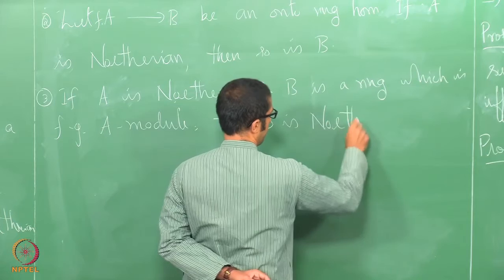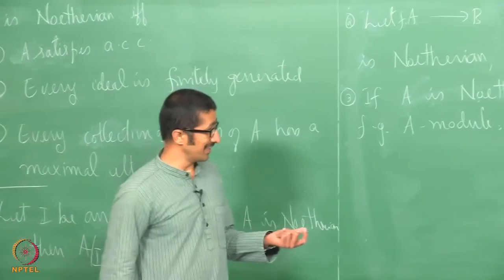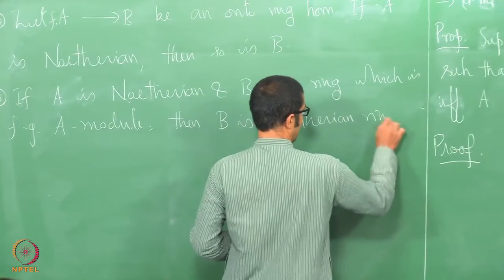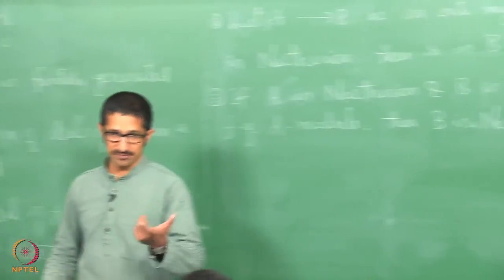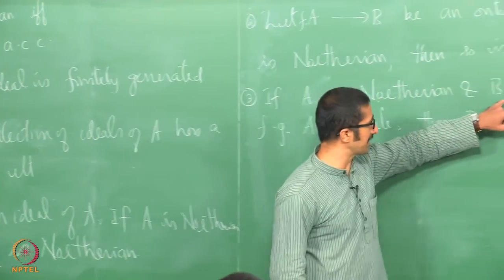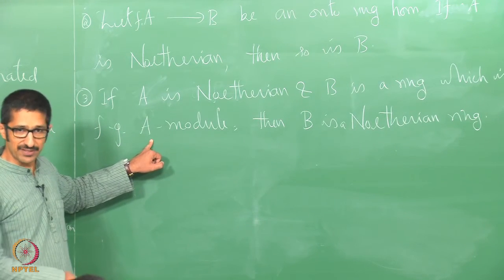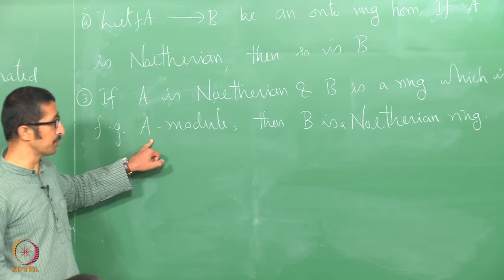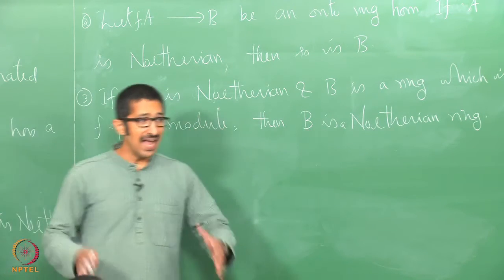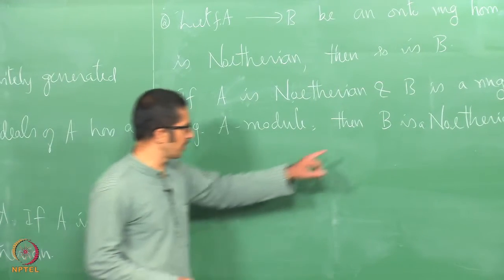How do you say this? So, here, this is a Noetherian ring. See, as a ring it is Noetherian, we want to say. As a module, that we have already seen: if A is Noetherian and B is a finitely generated A module, then it is a Noetherian A module. But we want to say that as a ring it is Noetherian, right. So, how do you do that?